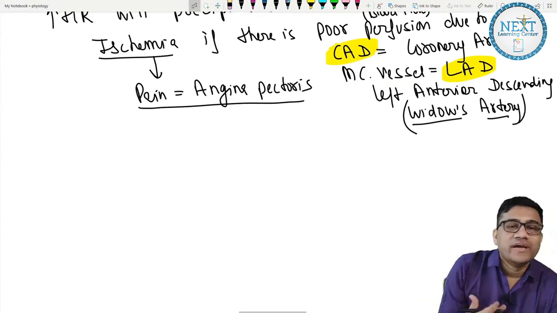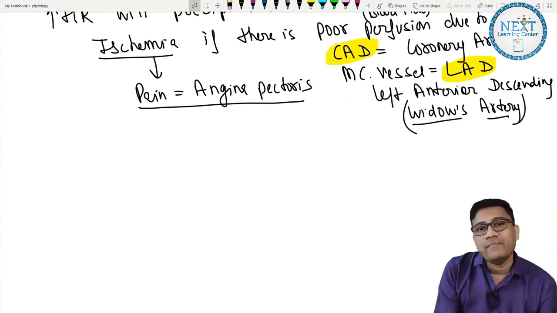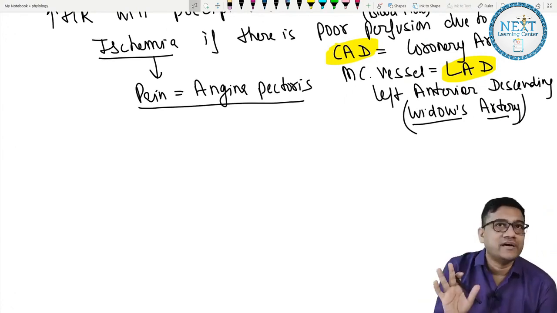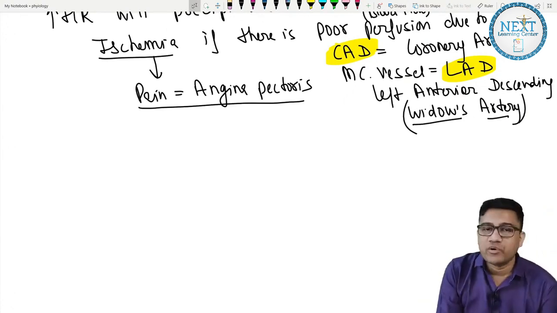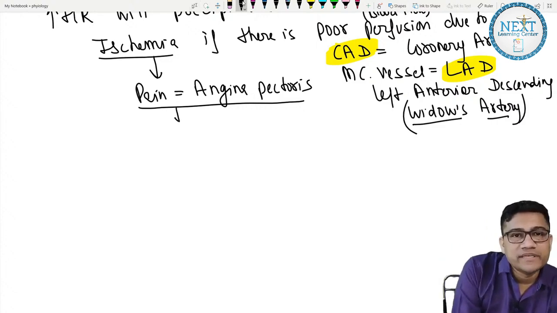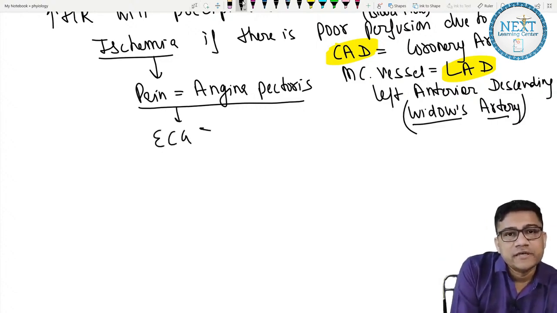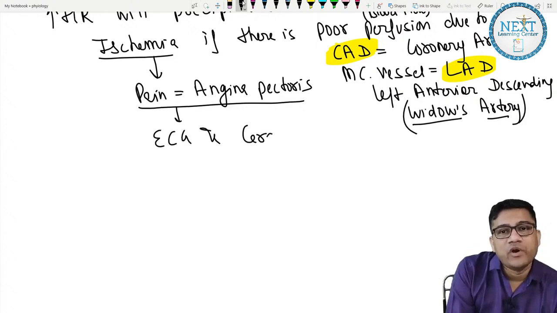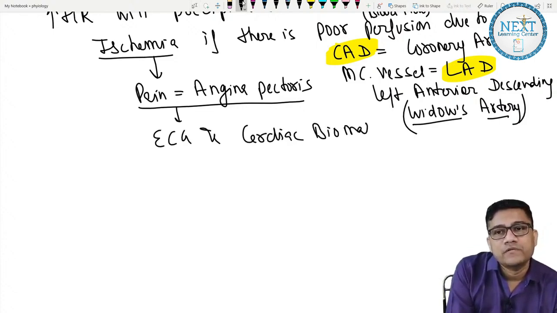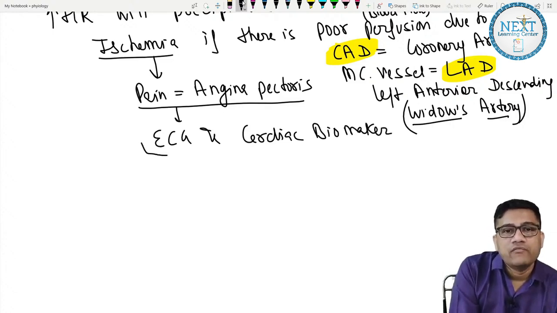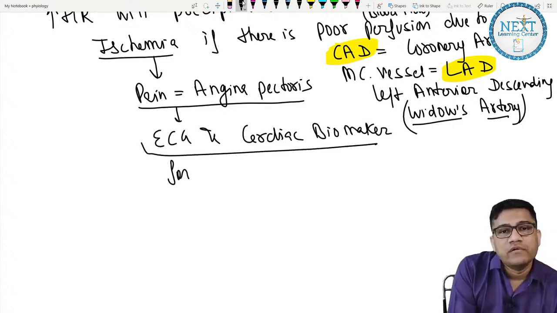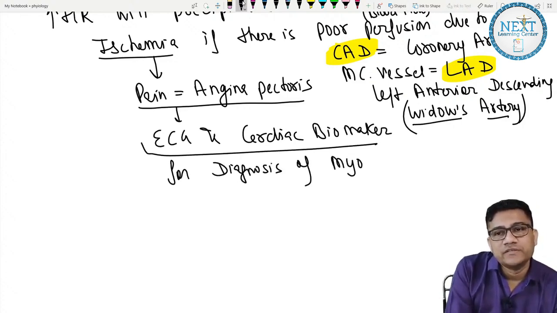And how do you know if it is angina or MI? The answer: just pain is angina. Then what we do is we basically check ECG and cardiac biomarkers for diagnosis of myocardial infarction.